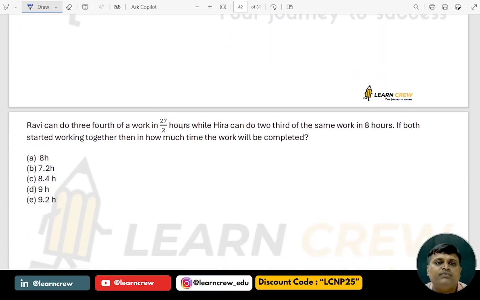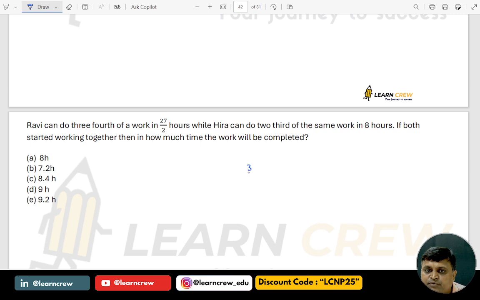Ravi can do 3/4 of the work in 27/2 hours, while Hira can do 2/3 of the same work in 8 days. If both started working together, how many days will the entire work take?